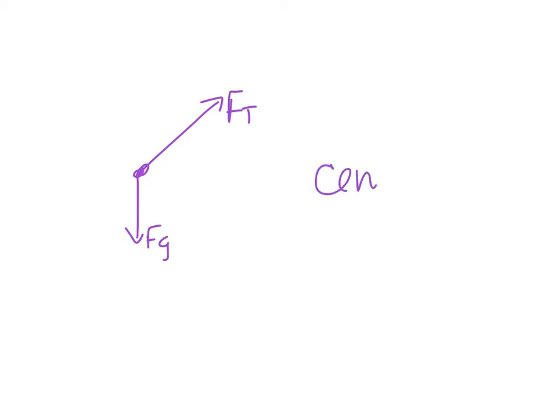The center of the circle is over here, so that must mean that the net force or centripetal force has to be directed towards the center. If I break apart my tension force into its components, we get Ftx and Fty. That cancels out Ft. The angle it gave us was the angle relative to the vertical, so that was the 37 degrees.